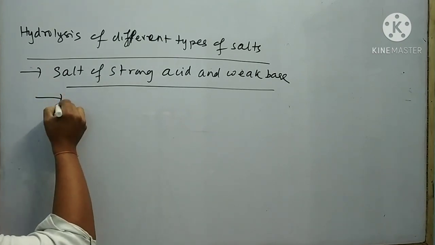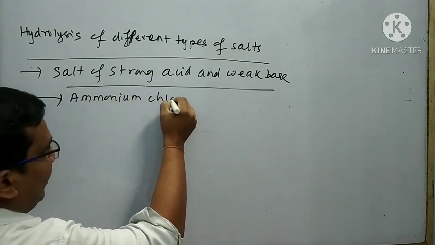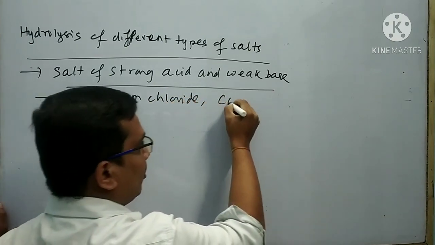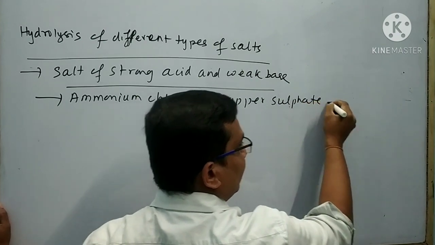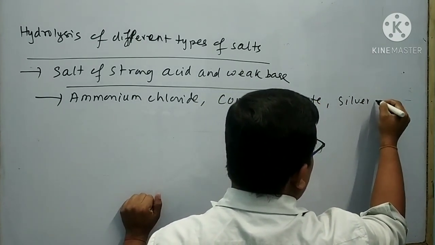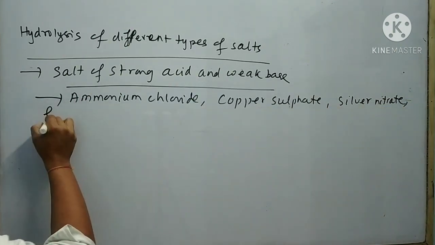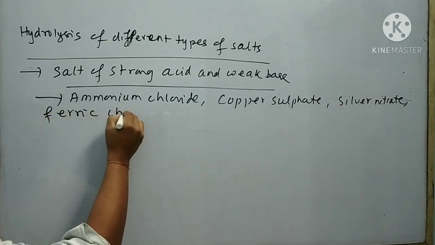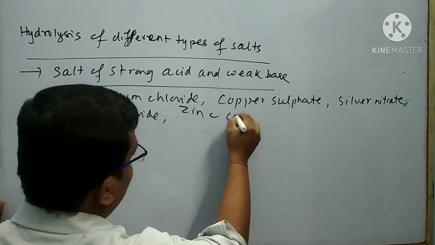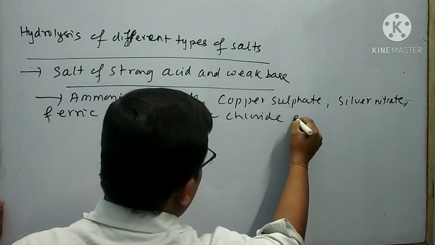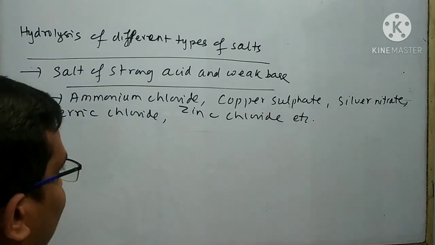The examples are ammonium chloride, next is copper sulfate, next is silver nitrate, next is ferric chloride, next is zinc chloride. These are some examples of salt of strong acid and weak base.